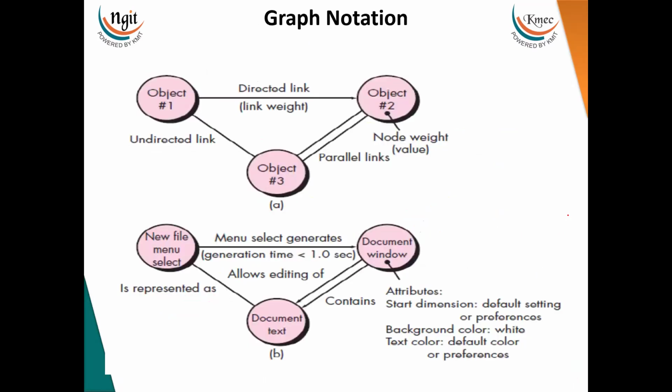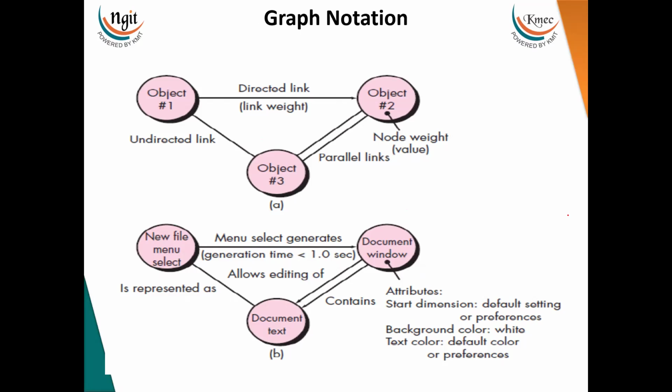Next, we have graph notation. You can see the example of graph notation between the objects: the directed link, undirected link, and parallel links that exist. Below you can see attributes are mentioned. So new file menu select, where menu select generates the document window and the document text.